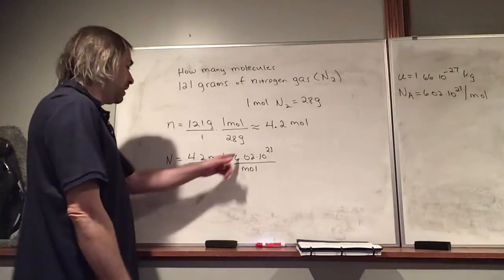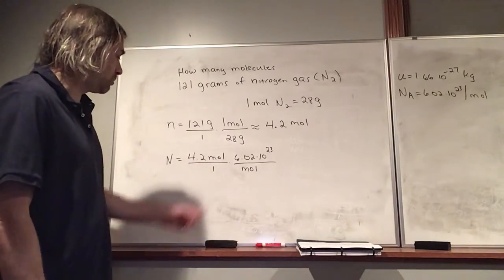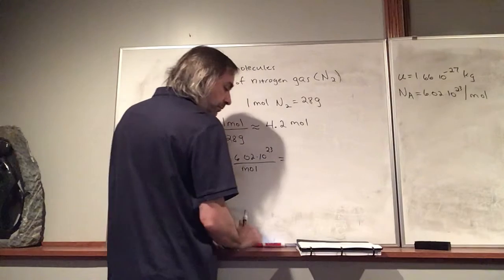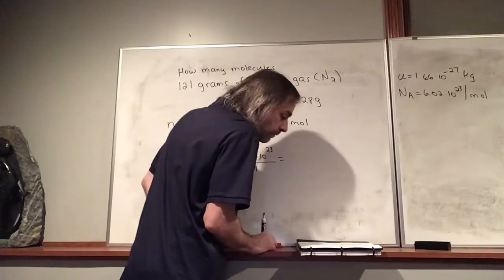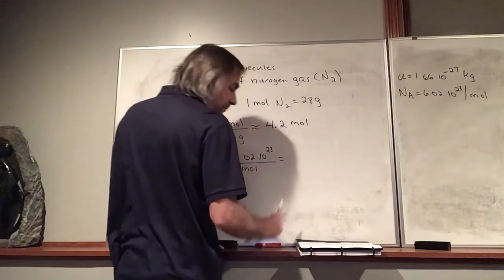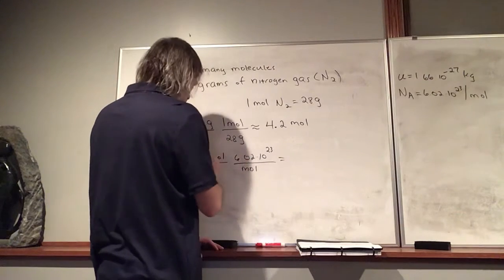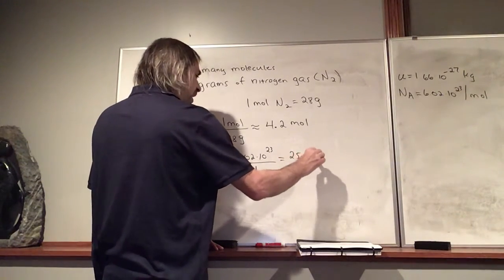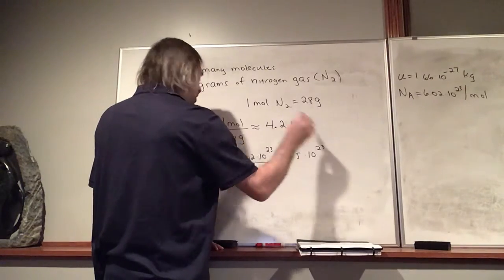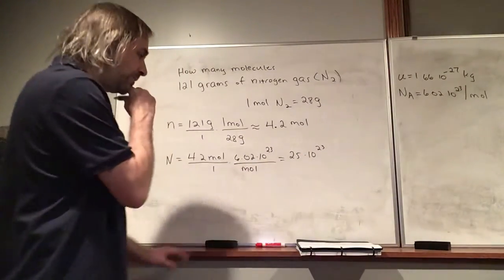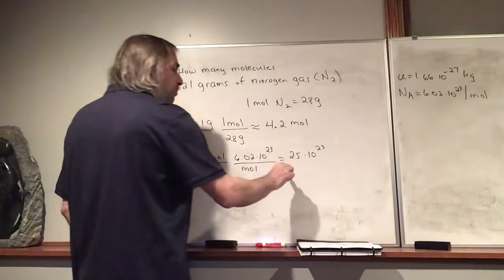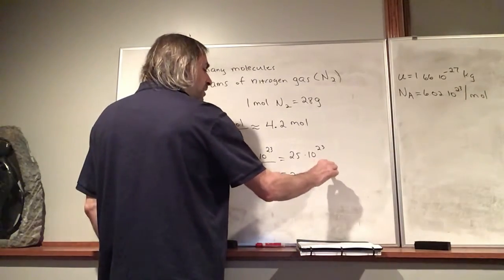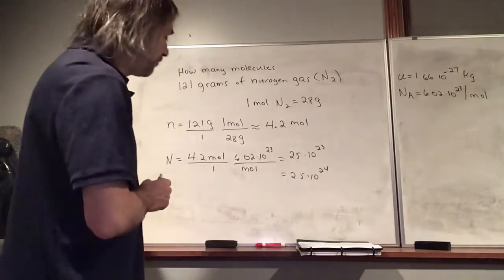So here, 24, 25 something. Yeah, let's see. Around 25 times 10 to the 23rd power. Or 2.5 times 10 to the 24th power.